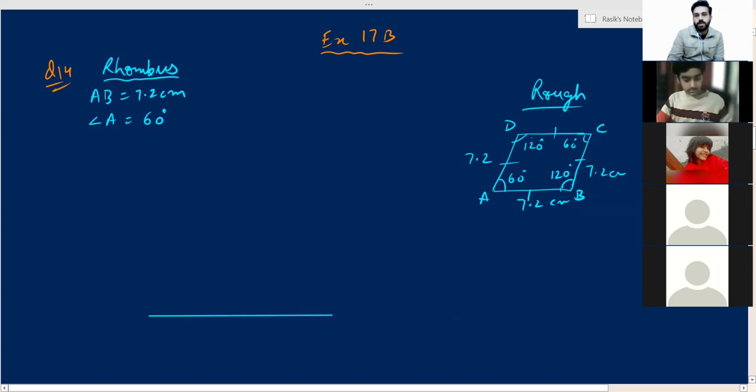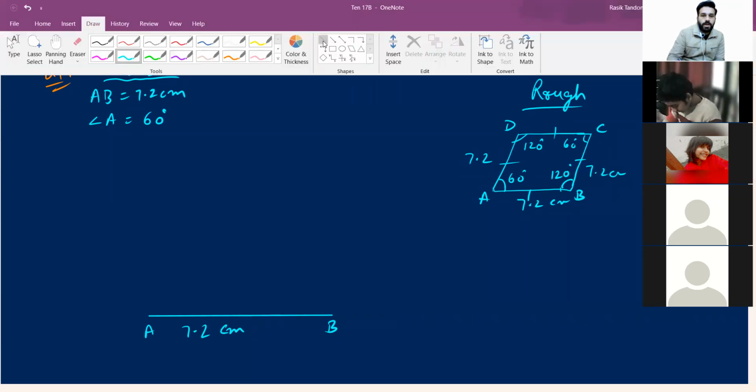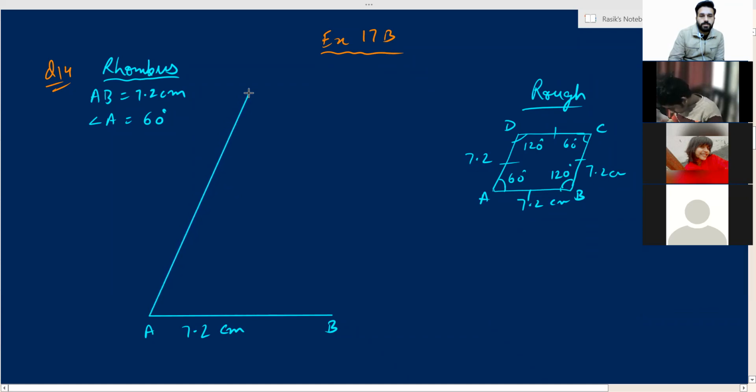So this was only a rough figure. In actual, we are just starting now. After that, construct angle A of 60 degrees using a compass. I hope you all know how to draw an angle of 60 degrees with the help of a compass.